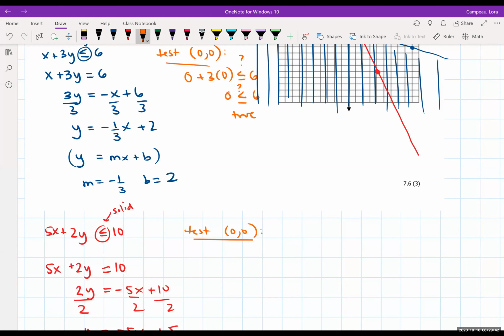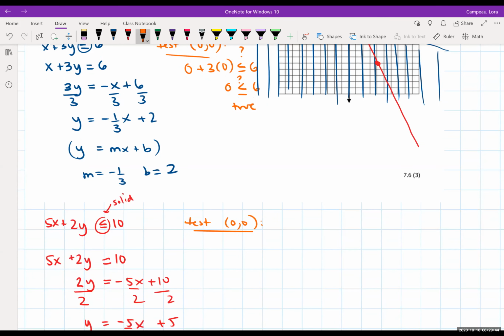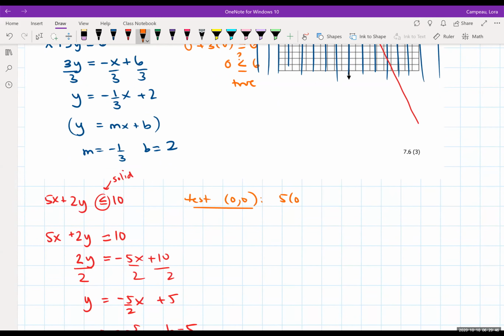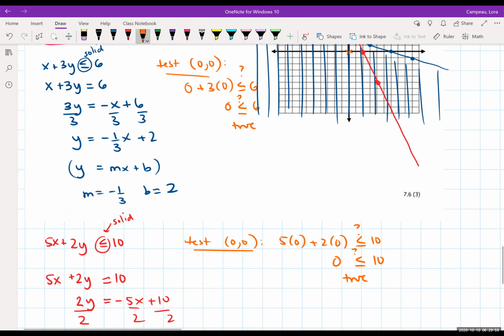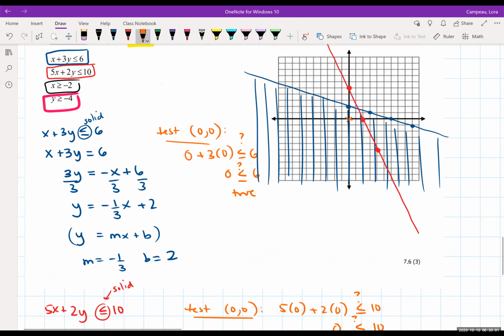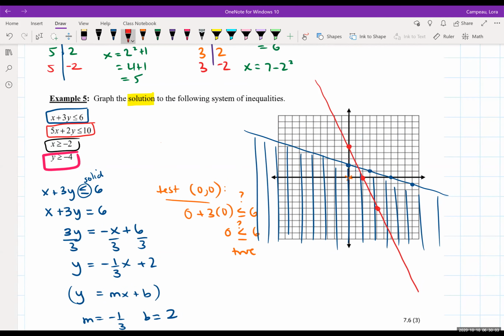I'm looking at 5 times 0 plus 2 times 0, is that less than or equal to 10? Well, 0 is less than or equal to 10. That is true. So we're going to shade the region containing our test point, which means we will shade below.